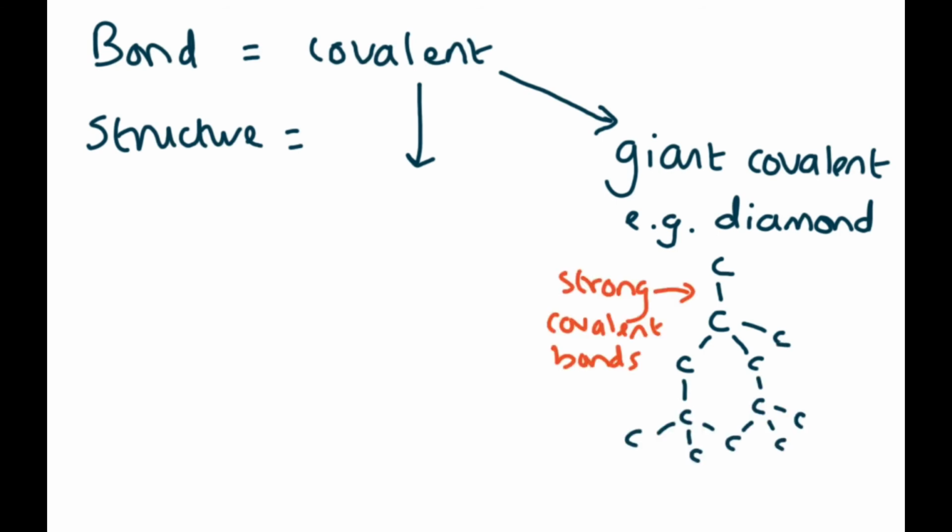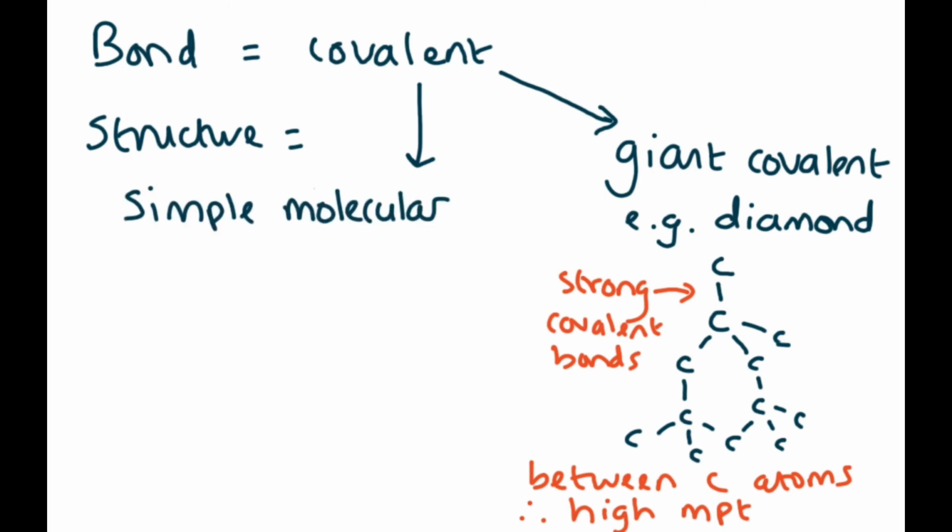I'm not very good at drawing that, but each carbon atom has 4 strong covalent bonds. So when you want to melt a diamond, you have to break those strong covalent bonds between the carbon atoms, therefore it has a high melting point. But you could have giant covalent or you could have simple molecular, simple molecules.